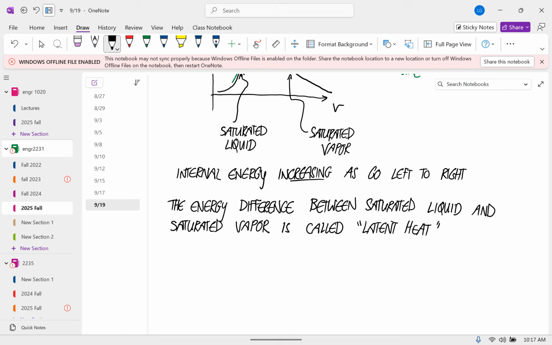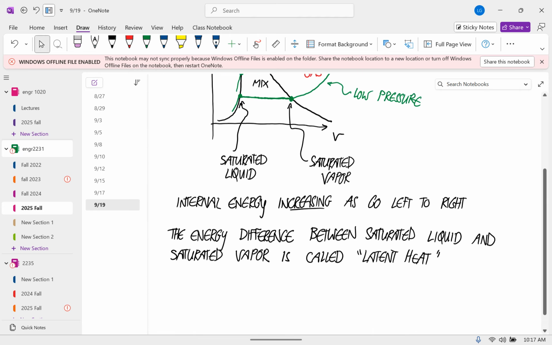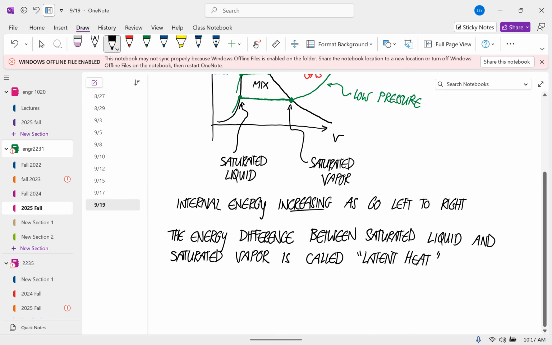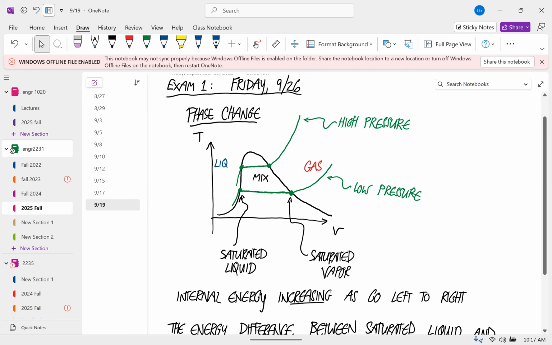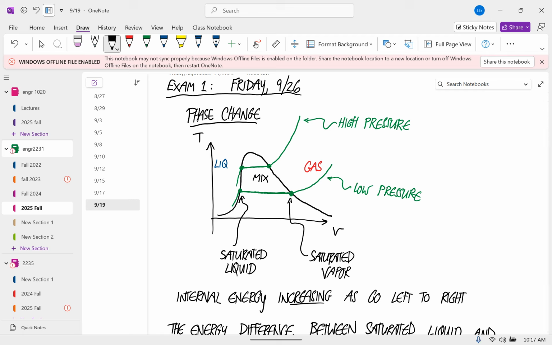And why is it called latent heat? Like sleeping, like it's invisible energy. Heat is kind of a bad word. It's really internal energy. It's not heat, but we don't get to name it. It's already named. So how is this energy difference a hidden energy? It's because it doesn't show up as temperature in the material. If you look at this curve, it's the one place where you can add a ton of energy and the temperature doesn't go up.